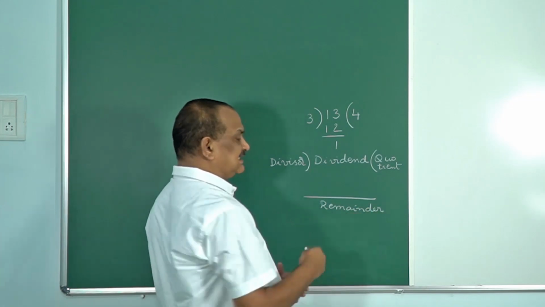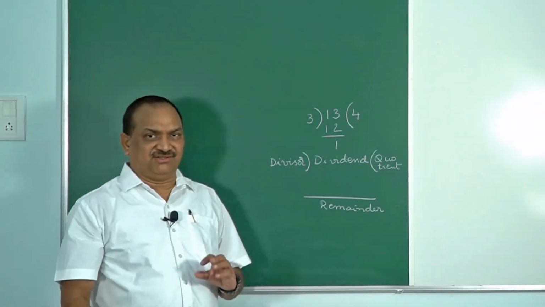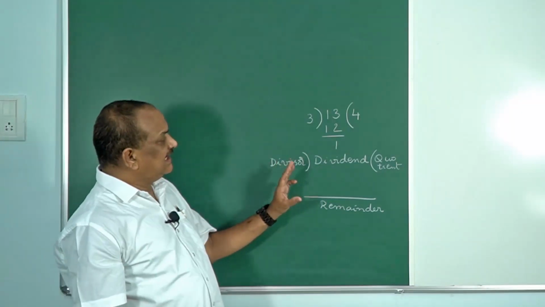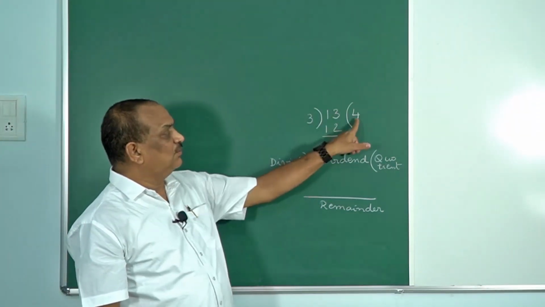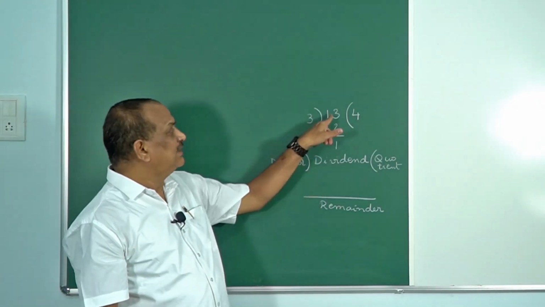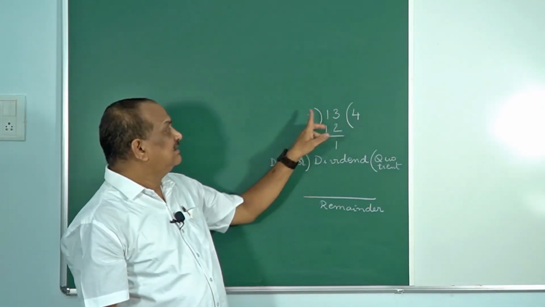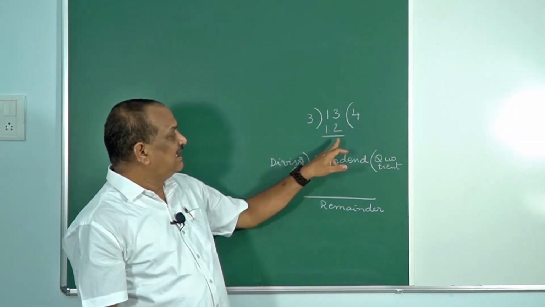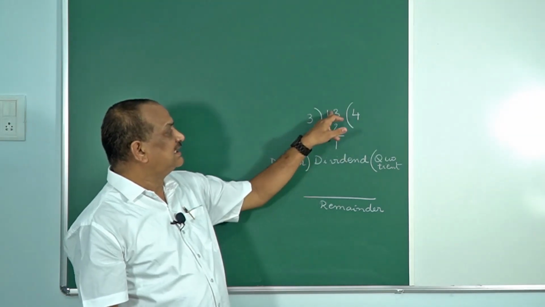So if you understand that these are the components of division, you should understand the relation between them. 3 times 4 equals 12, and add 1, and that is how you get this 13.